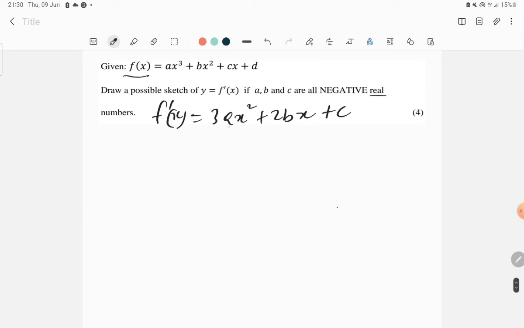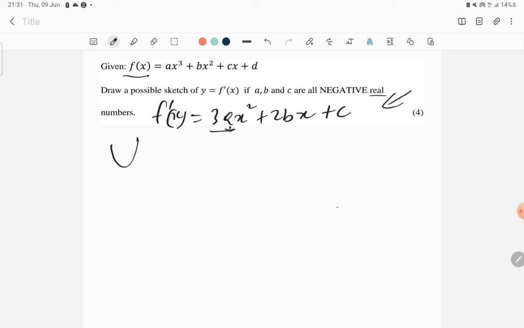Now, if a is positive, you will remember that this f prime is just a parabola. If a is positive, the coefficient of x squared is positive, so the graph is going to concave upwards.